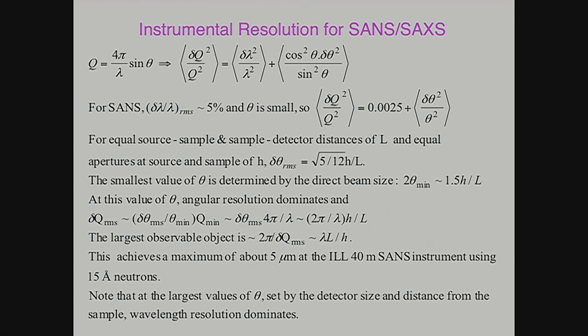So that's an example of this general principle that you make these instruments at neutron scattering centers to compromise between various factors. Now it turns out that we've subsequently learned how to build detectors with 50 micron resolution. So why aren't we using that for SANS instruments? I don't think I know the answer to that, actually.